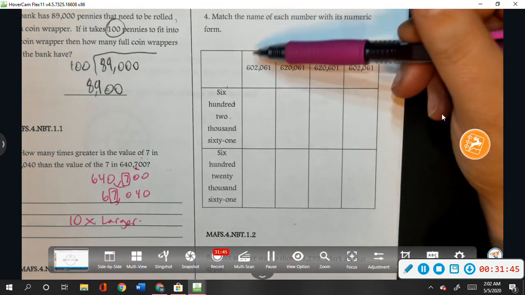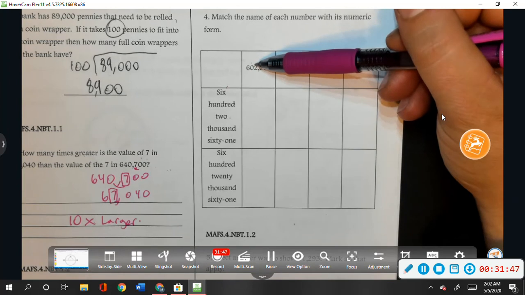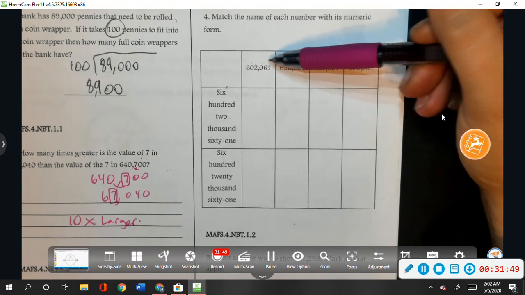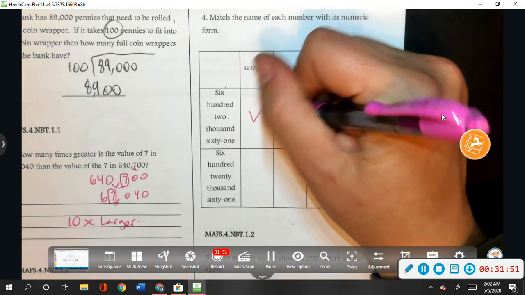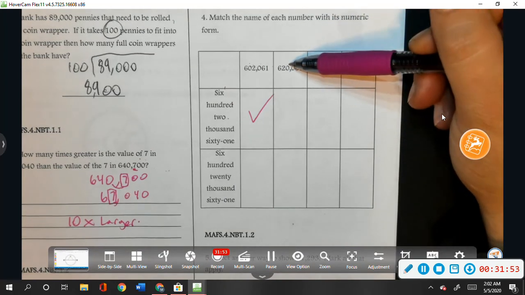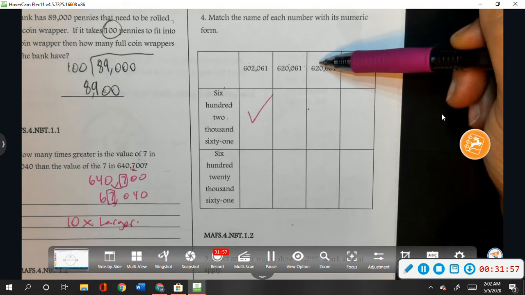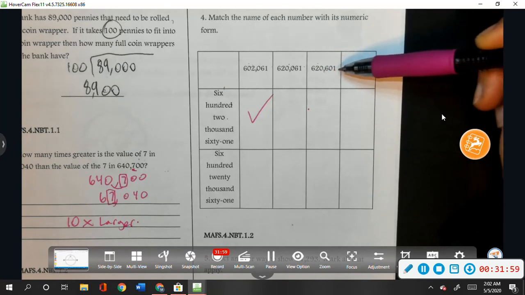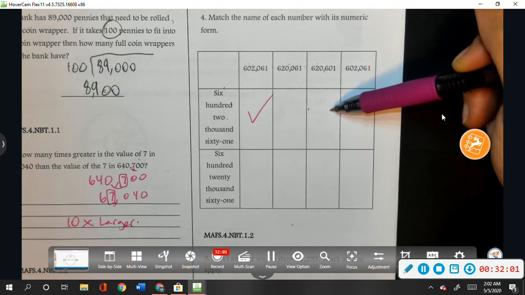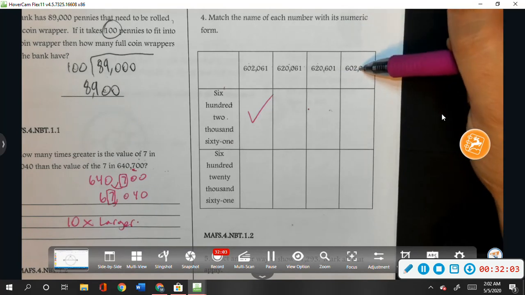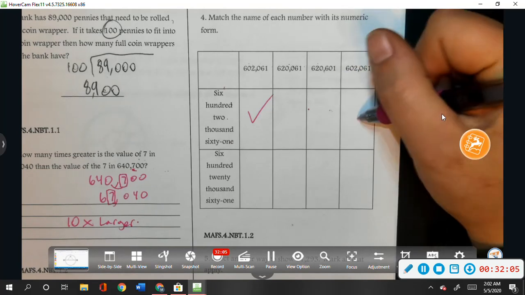Let's read up top. 600,2061. There it is. 620,061. Is that it? No. 620,601. Is that it? No. 602,061. There it is again.